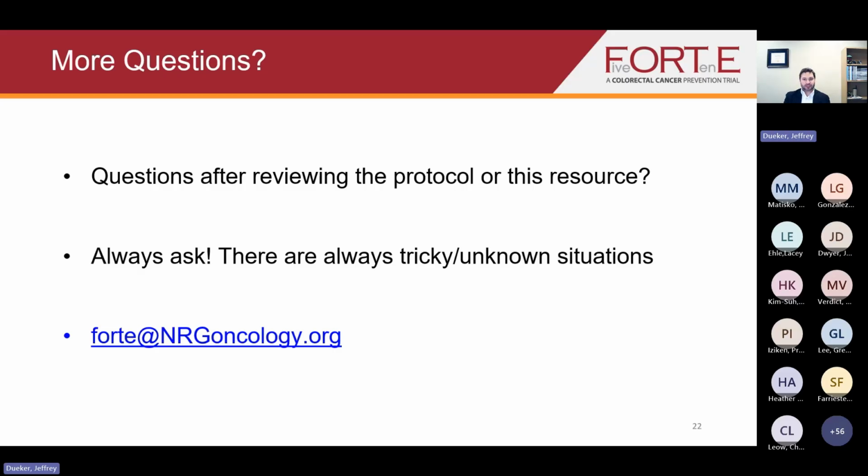All of these patients, when they come for their FORTE protocol scopes, by definition will have had a prior adenoma. And the indication for the repeat colonoscopy is going to be history of a polyp or history of adenomatous polyp or whatever the case may be, or surveillance is what it's called, more generally.